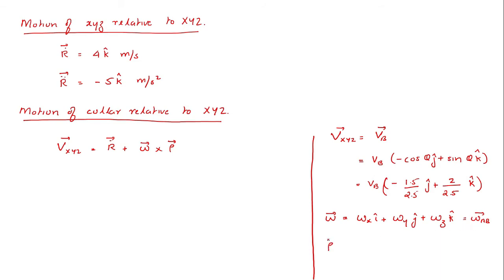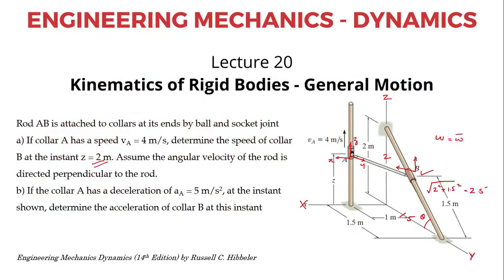Now next, the rho vector. The rho vector represents the position coordinate of this collar B relative to the collar A, or relative to the secondary reference frame small xyz. This we can obtain by knowing the coordinates of the collars A and B relative to the capital XYZ. I'll directly express in terms of the capital XYZ for simplicity.